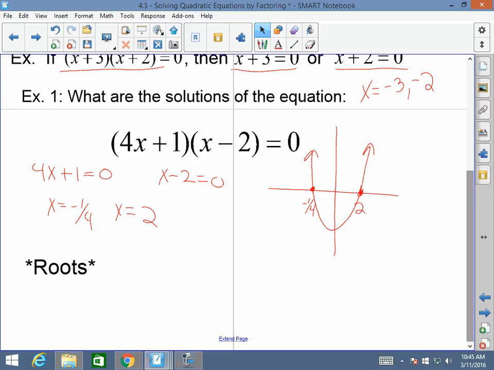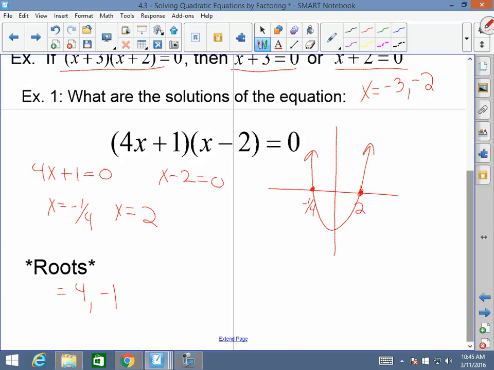Let's say that I tell you that the roots for a particular quadratic function are 4 and negative 1. I tell you those are the roots. What are roots again? Roots are the zeros or the solutions or the x-intercepts. And I want to find what quadratic function gives me these roots.